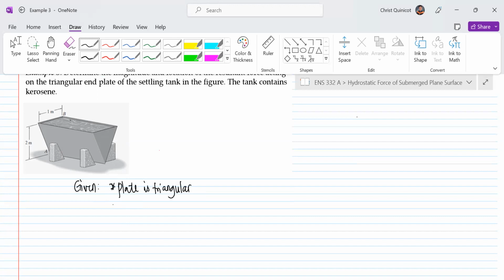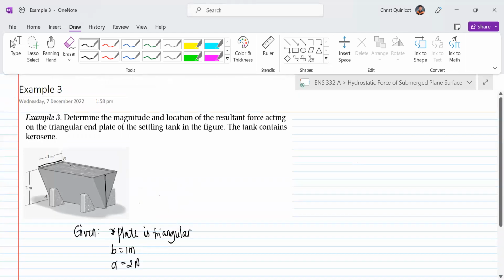And then the base, which is this side here of the triangular plate, is equal to 1 meter. And then the height from the base to the tip, let us have it as A, is equal to 2 meters.